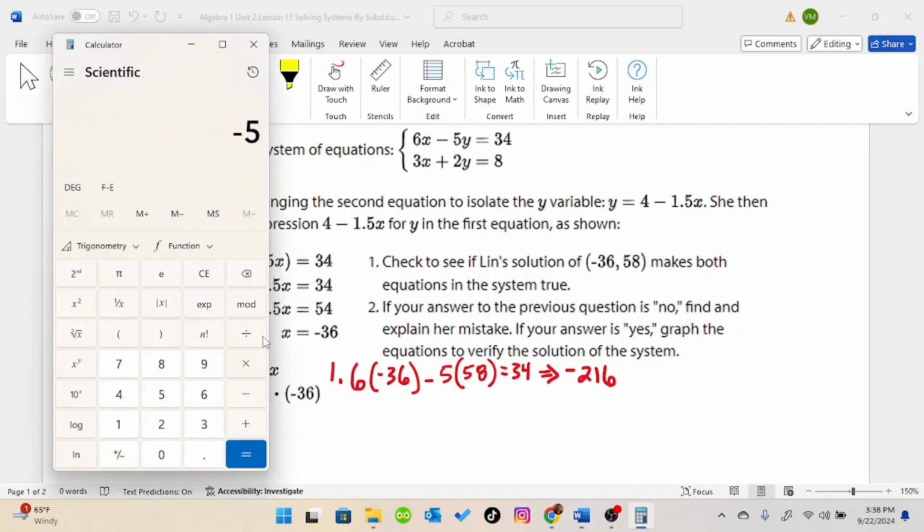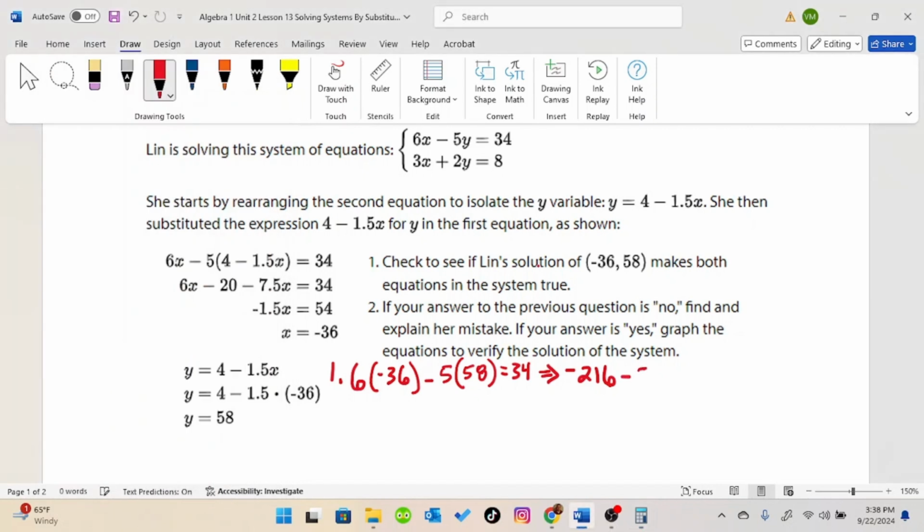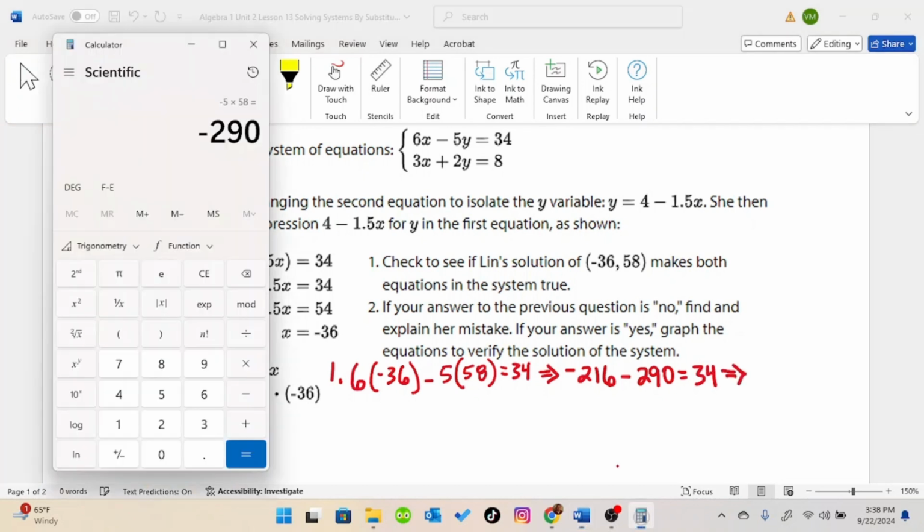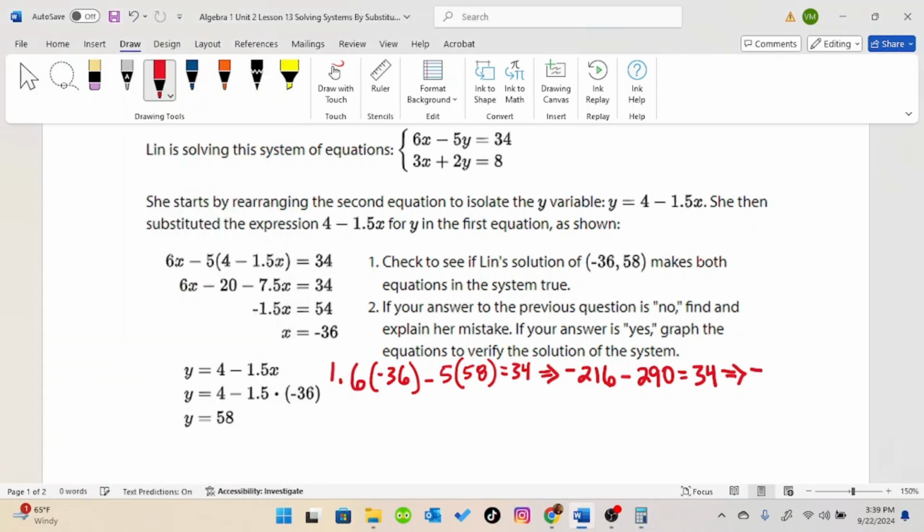Then negative 5 times 58 equals negative 290. Negative 216 minus 290 equals negative 506.